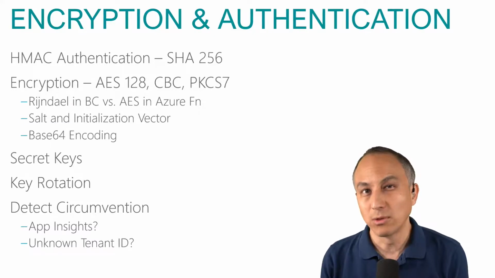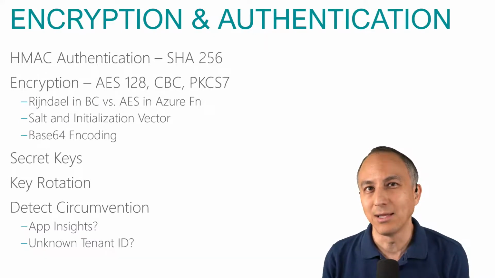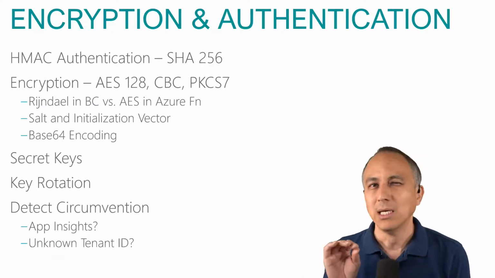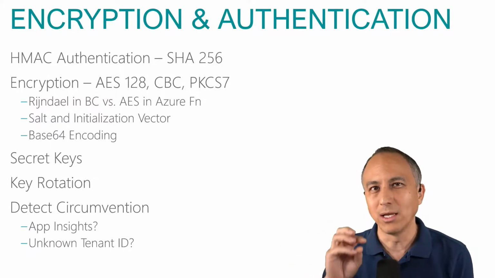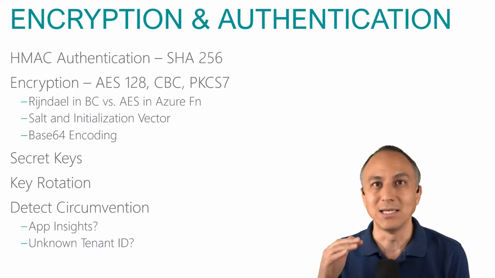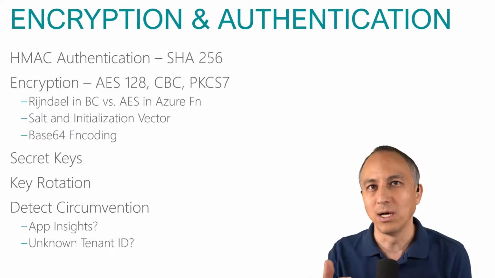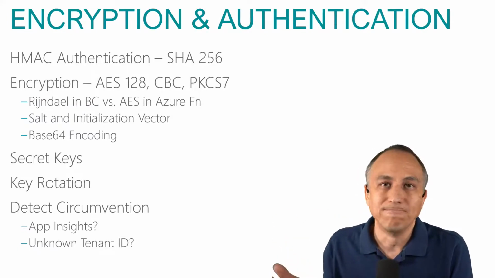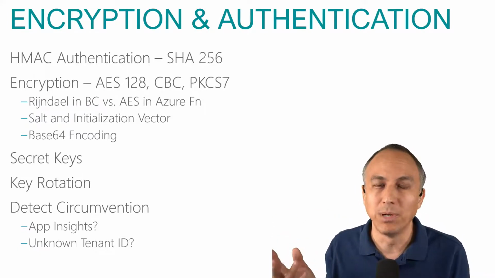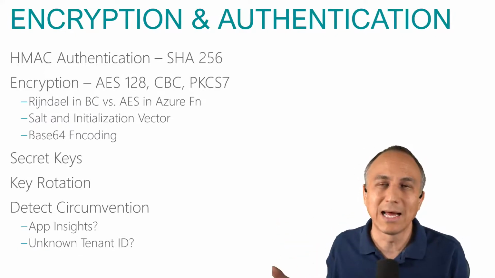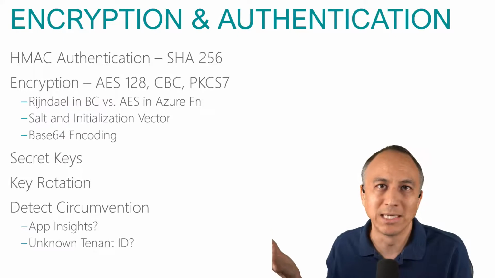I suspect we can, because I think it would be difficult to completely disable all Application Insights telemetry. So I suspect there's a way, at least through App Insights, to potentially detect the tenant ID, and we would see some activity with an unknown tenant ID and potentially know that something strange is going on. Can that be circumvented? Maybe, but it would probably be a challenge to strip out everything. But if they can get access to the source code, right, all bets are off, right?